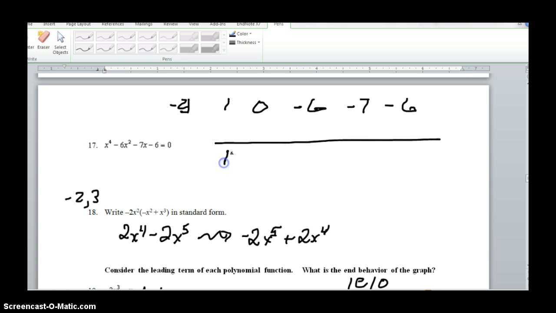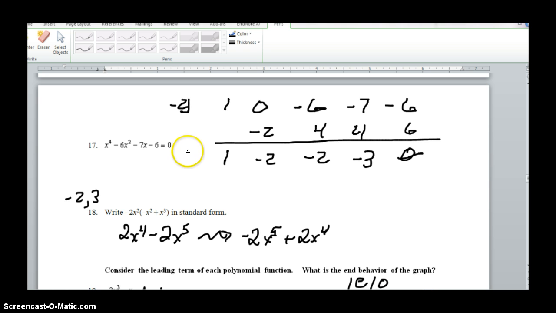Get the first one for free, multiply, add, multiply, then add, multiply, then add, multiply, then add. And yes, we should have gotten a 0 here.